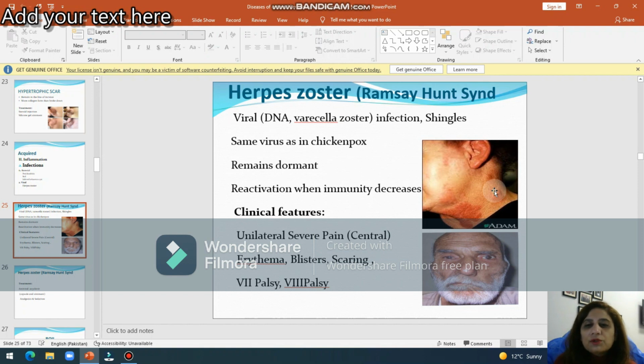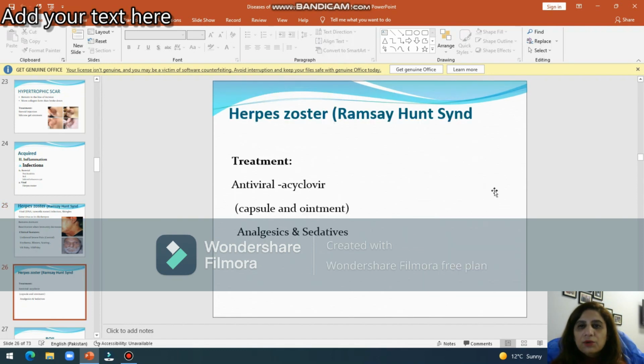The patient can also present with sensorineural hearing loss, one-sided sensorineural hearing loss. So what is Ramsay-Hunt syndrome? There will be unilateral facial nerve paralysis, unilateral sensorineural hearing loss, and blisters and erythema on one side of the face, over the pinna and around the external auditory meatus.